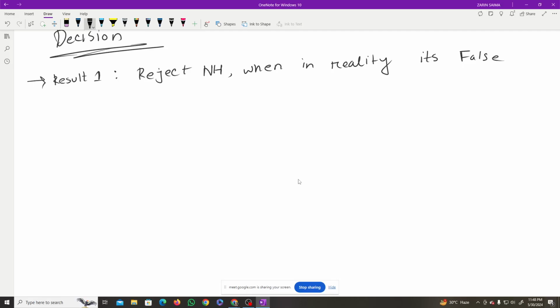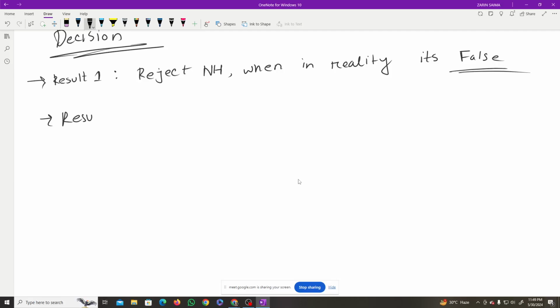So you're making the right thing, right? You're rejecting the null hypothesis when it's false. So there is no error, because we know that we want to reject the null hypothesis. This is our goal as a statistician or as a data scientist. So we are doing the right thing. So there is no problem.